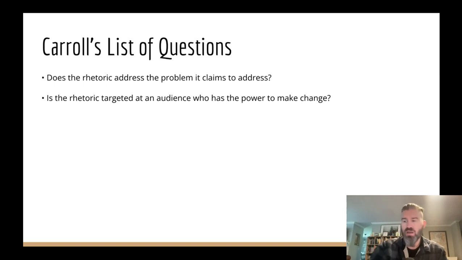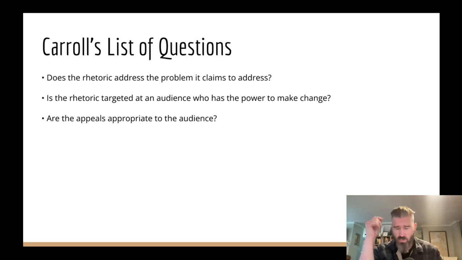And this is something we'll talk about quite a bit, especially as we get to the persuasive essay, where I want to persuade an audience that can do something, either in their lives or in the lives of other people. If somebody can't necessarily do something to change a situation, they may not be the right audience. Three: are the appeals appropriate to the audience?